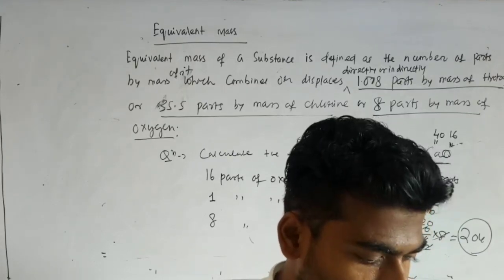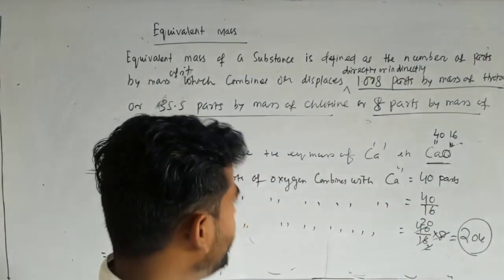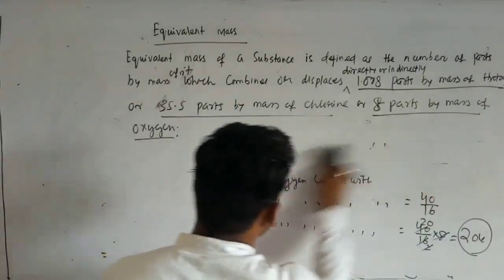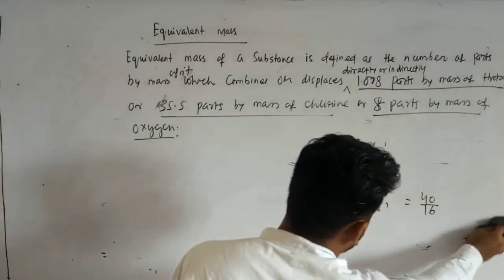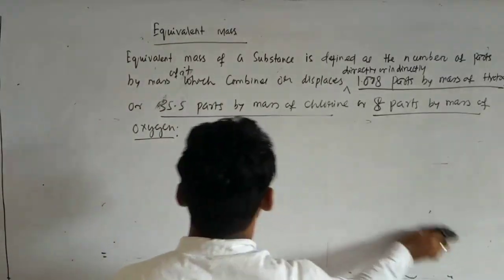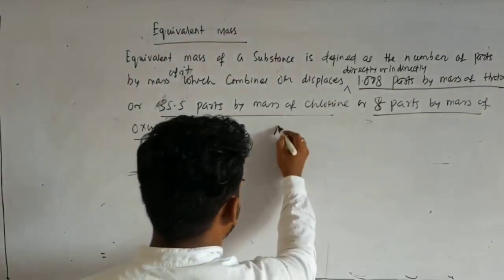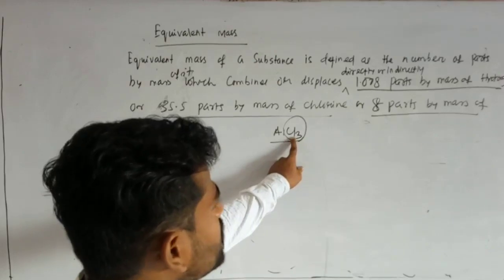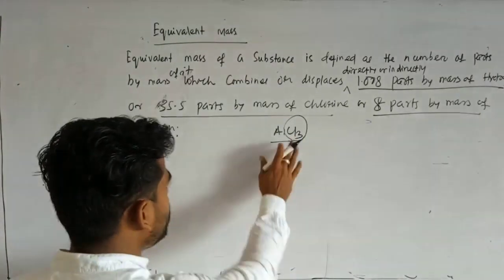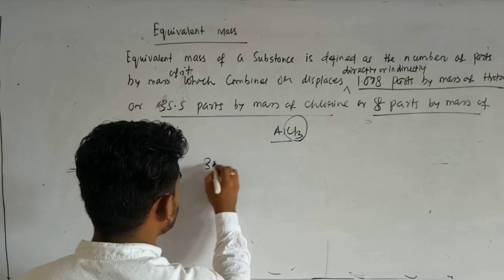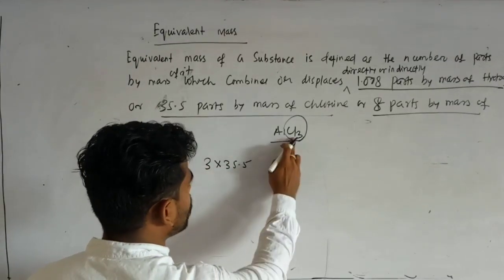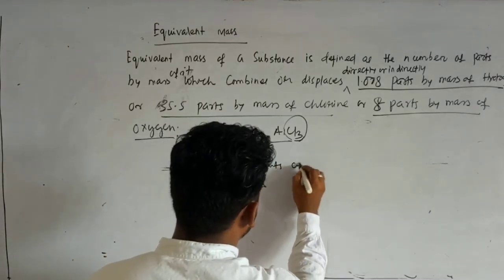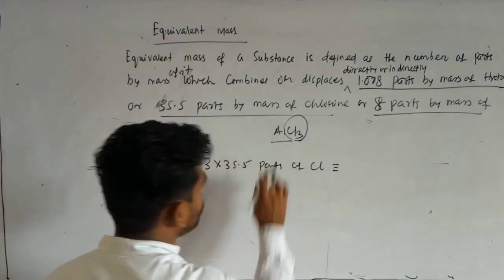Clear? Next, suppose an example is AlCl3. A very simple example according to the definition. Once AlCl3 is given, you have to focus on chlorine, because there is no oxygen and no hydrogen. Here, 3 parts of chlorine, 3 into 35.5, corresponds to how much aluminum?